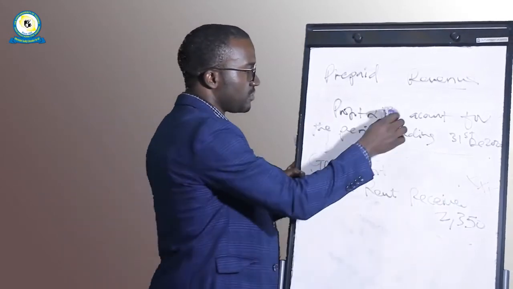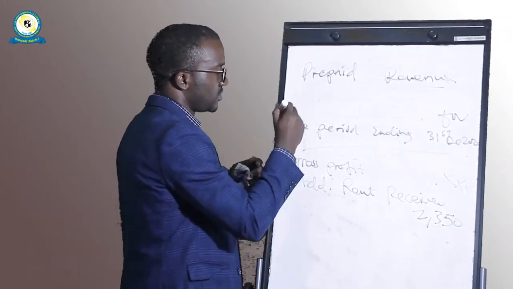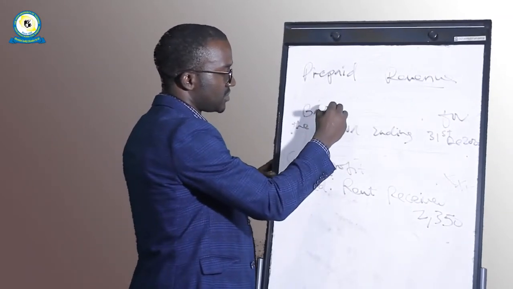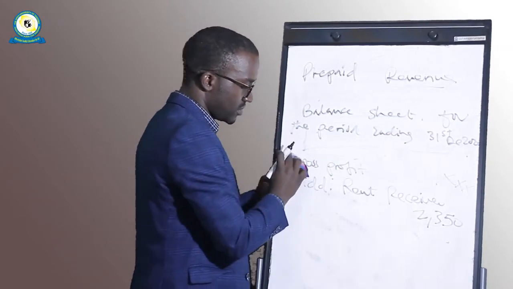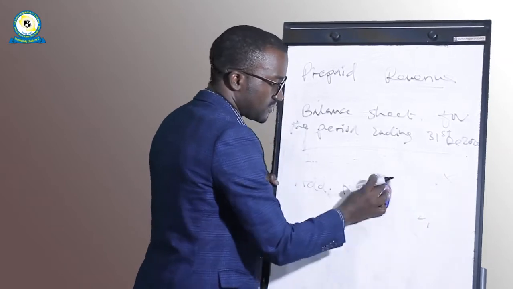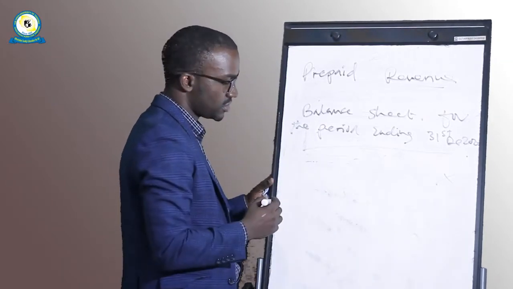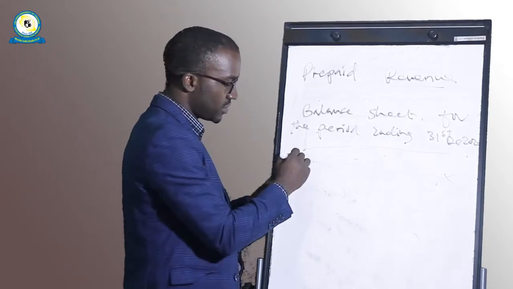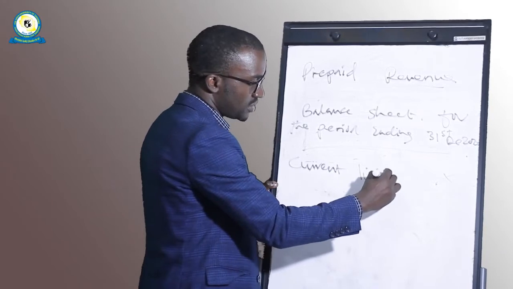Again, an extract of the balance sheet. So this is the balance sheet for the period ending. Now, since this amount, as I've said, was paid in advance, it is still receivable. So it's not your money. You're going to put it under current liability.